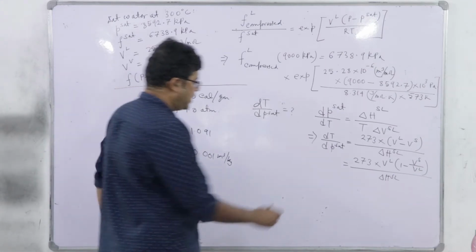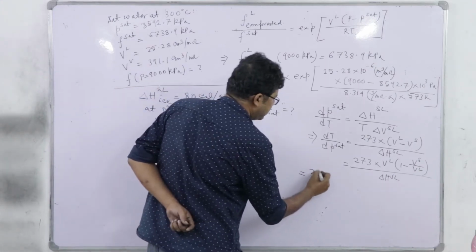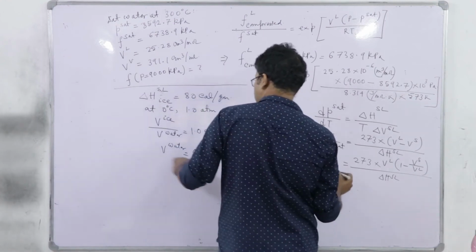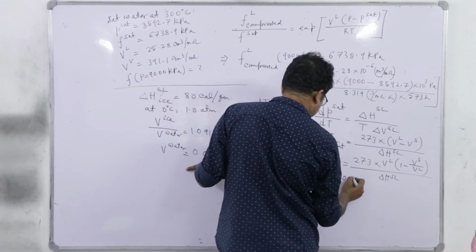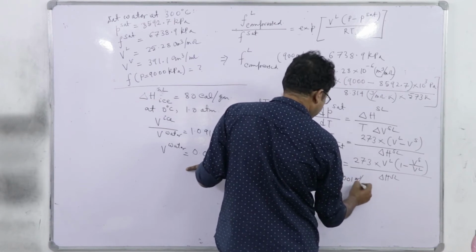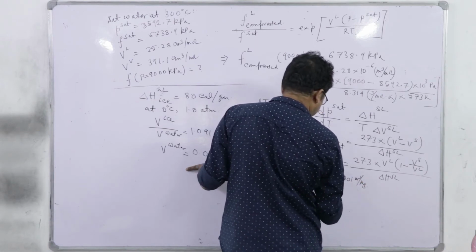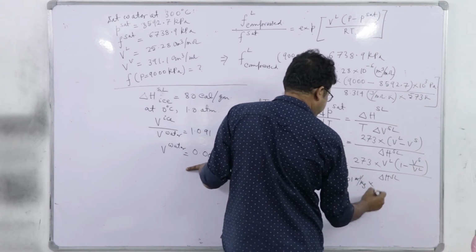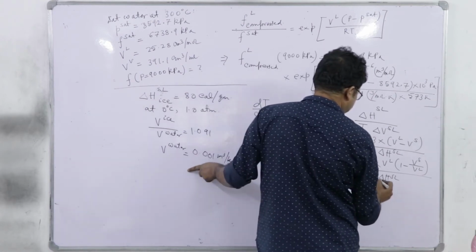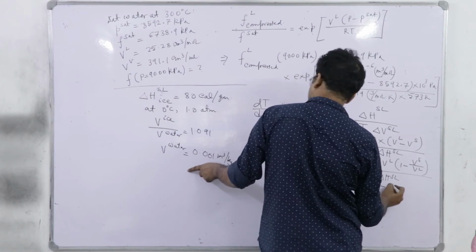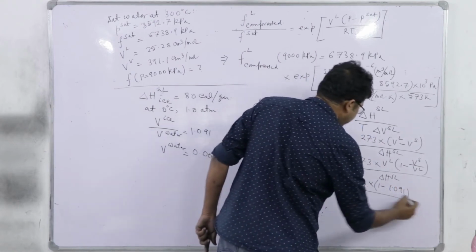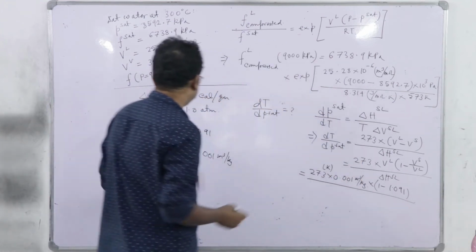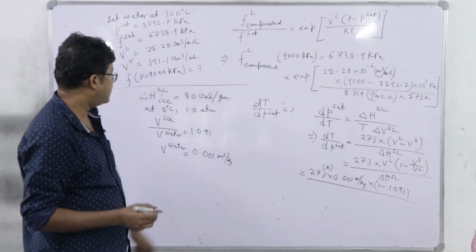So, answer is 273 into VL, 0.001 meter cube per kg. Always write the unit, it is in Kelvin, and this is obviously 1 minus 1.091, divided by delta HSL, which is 80 calorie per gram.